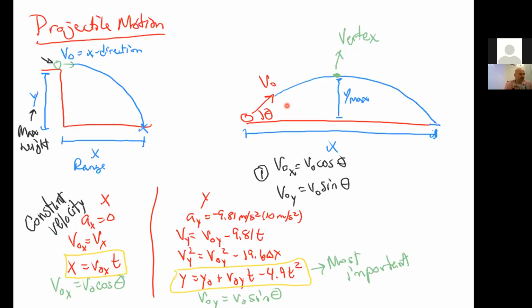The x direction is very simple because the acceleration is 0. The way it works out is you have a ball moving on a table at a constant velocity, and then an object being dropped in free fall. You combine those two motions together, and you get projectile motion.